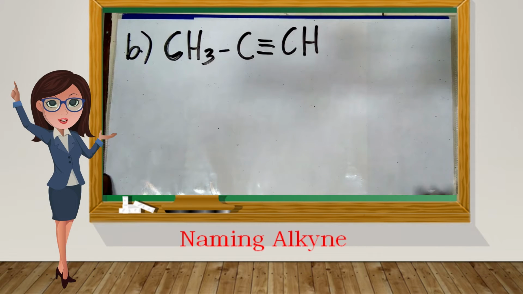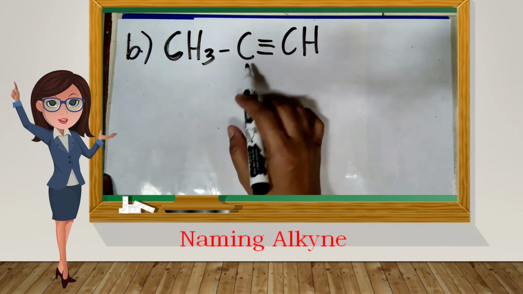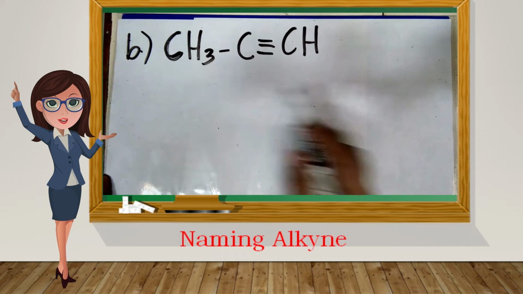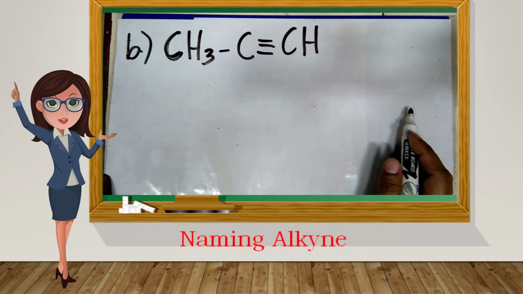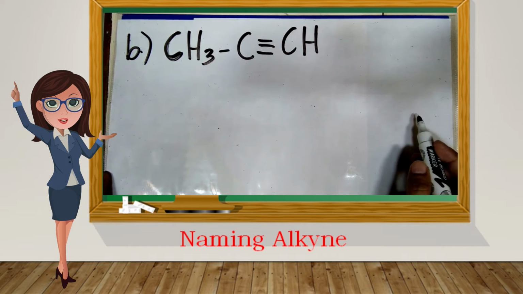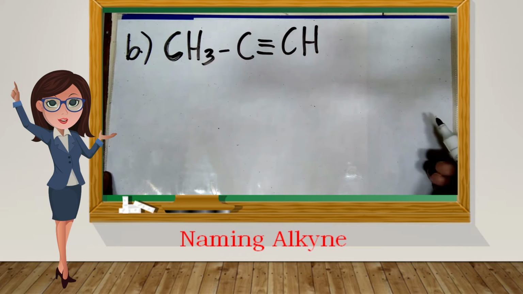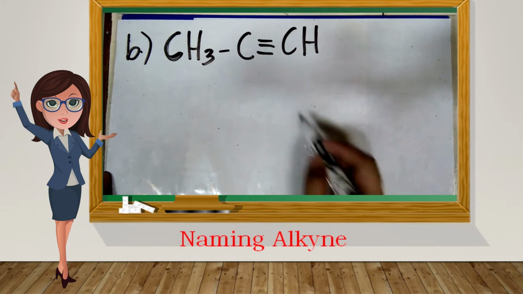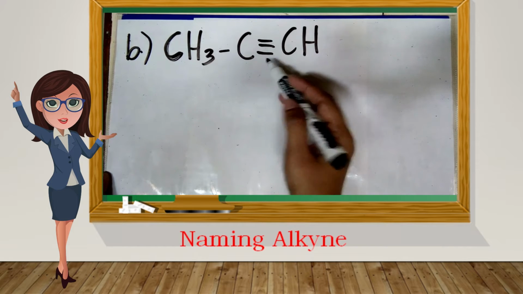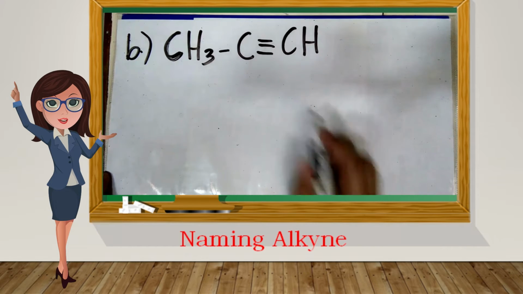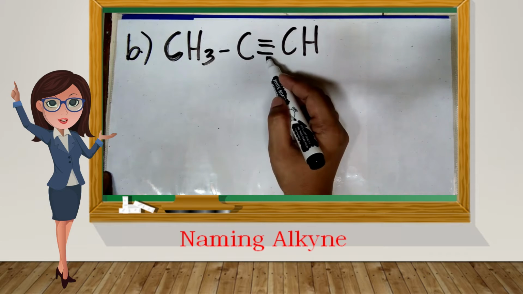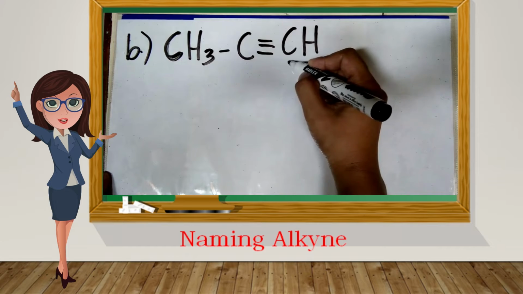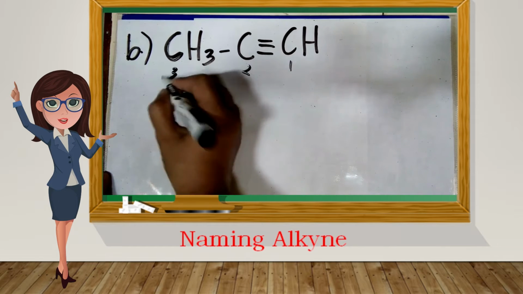For our next example, we have CH3, C, the triple bond is here, and CH. So how are we going to name this condensed structural formula? Again, look for the longest chain. Let us count the number of atoms: 1, 2, and 3. Number the longest chain starting at the carbon atom that contains the triple bond. The triple bond is right here, so we will start numbering here: 1, 2, and 3.